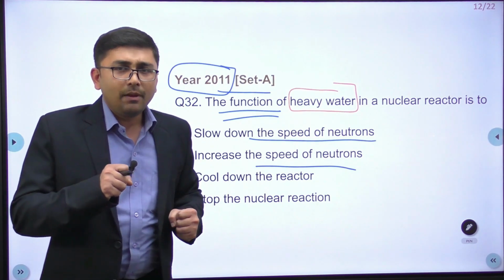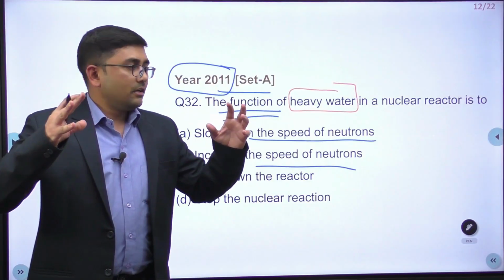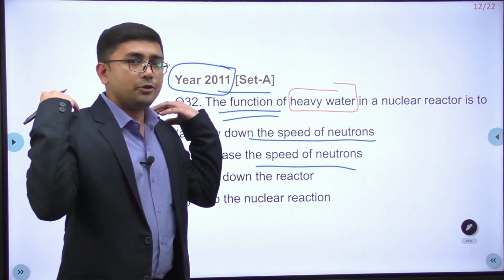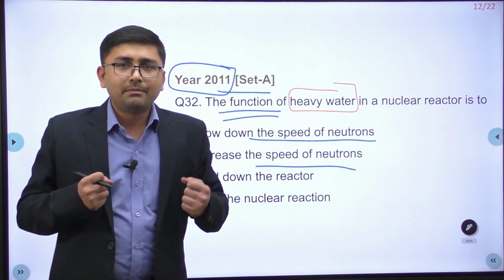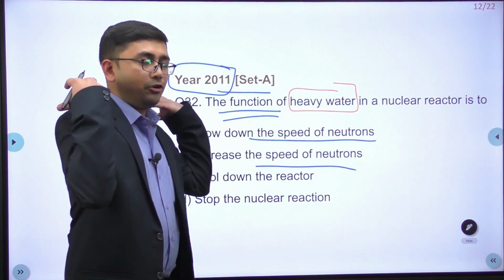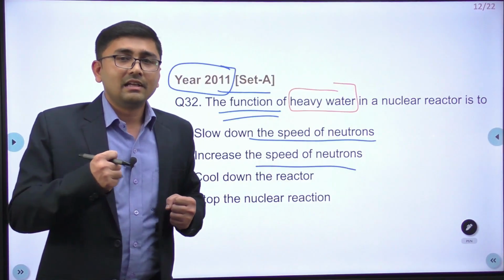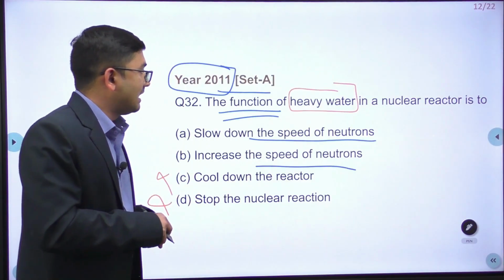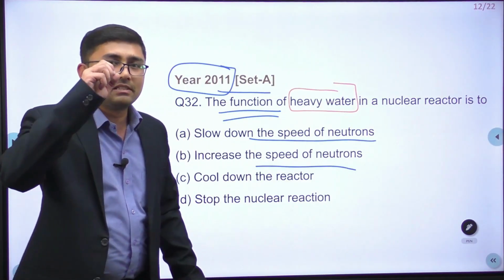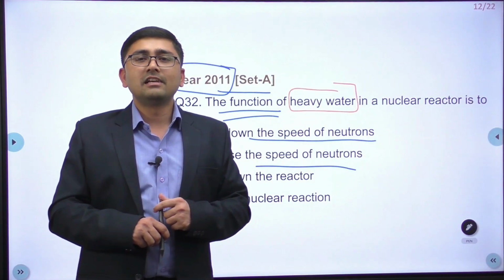Let's say I am in motion, and you give me a heavy thing on my back. Then what will happen? My speed will get reduced. The function of heavy water is to slow down the speed of neutron.